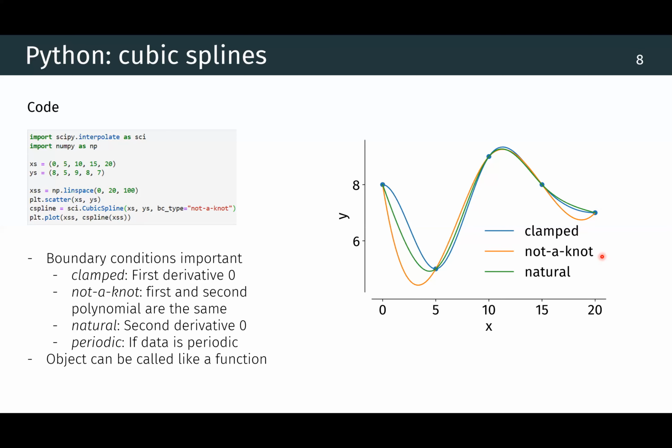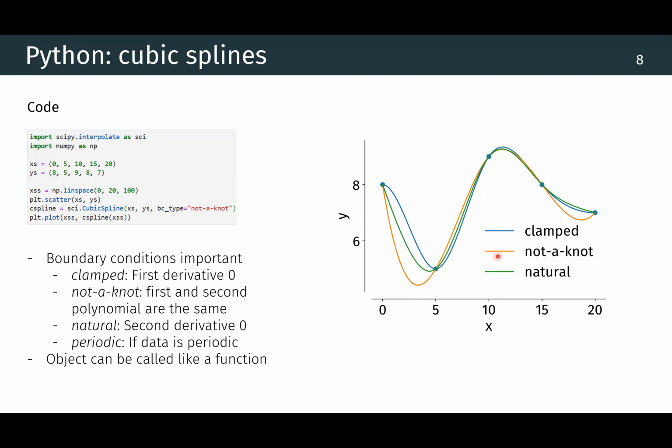Then there is the not-a-knot approach, which assumes that the first and second polynomial are the same. So effectively, this makes this data point here not a knot of the individual C-spline. And again, it does the same thing with this one, because from the right side, this is the first polynomial, this is the second, and this one is the first, and this is the second from the left side.